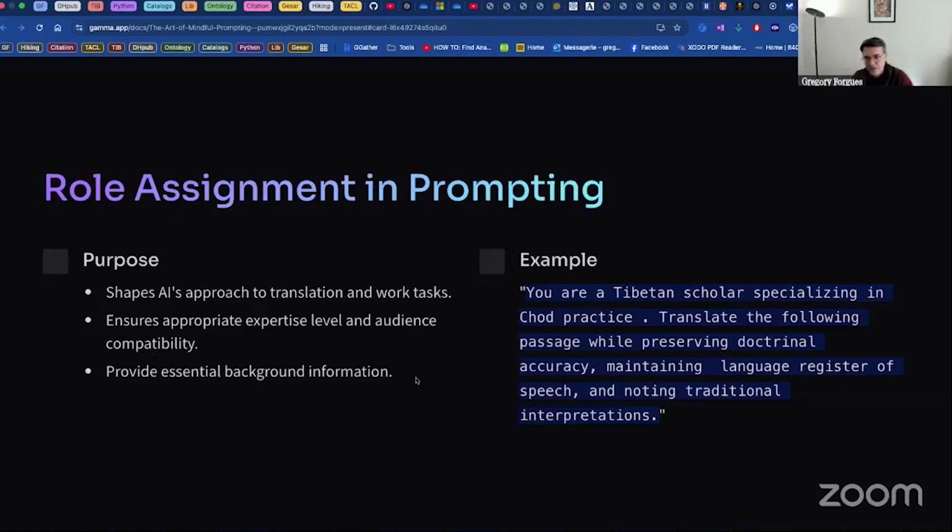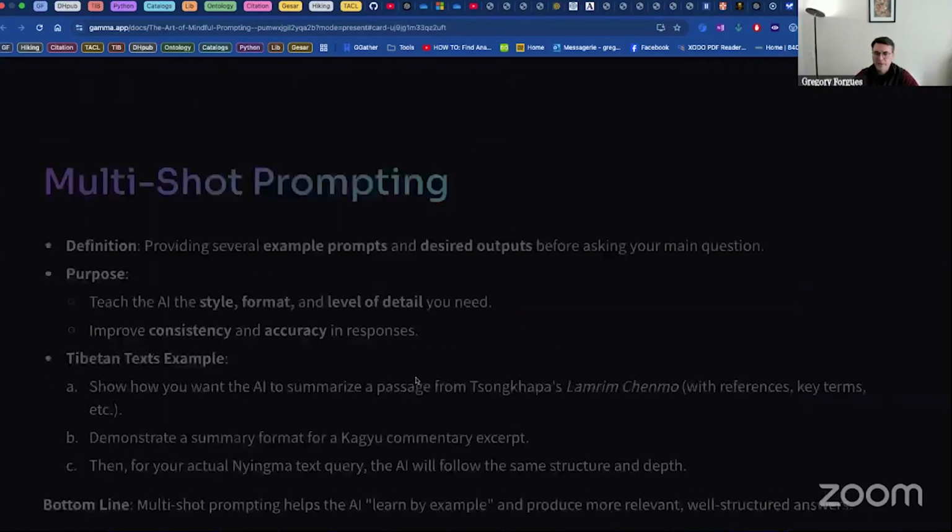For example, if you say you're a Tibetan scholar, the model may give you more academic answers. If you say, you are a Tibetan Dharma teacher, and you ask about something, you're going to have different answers, maybe more adapted to different audiences. So the way you shape the role of the LLM will impact the output.